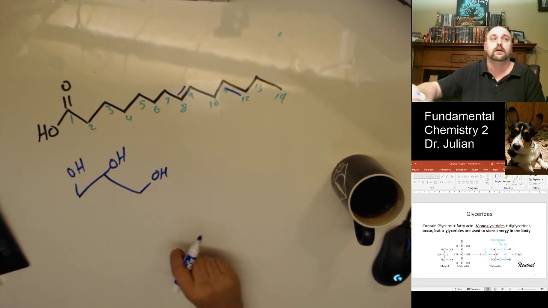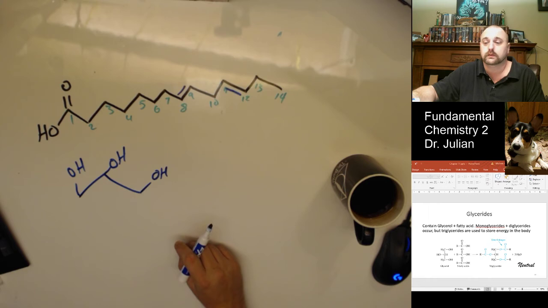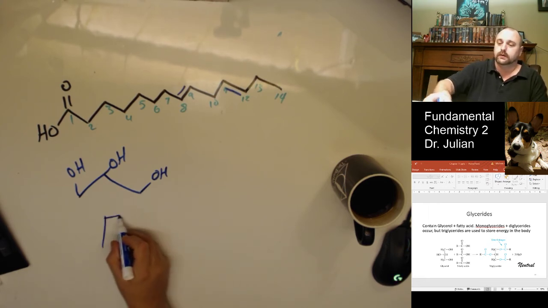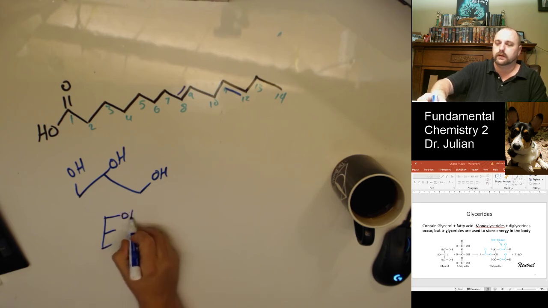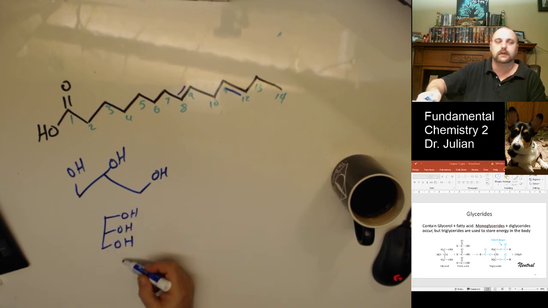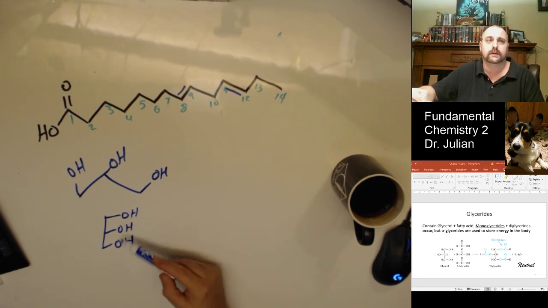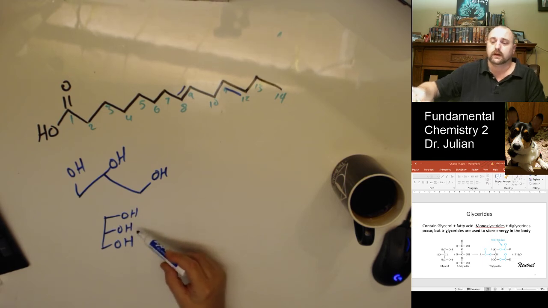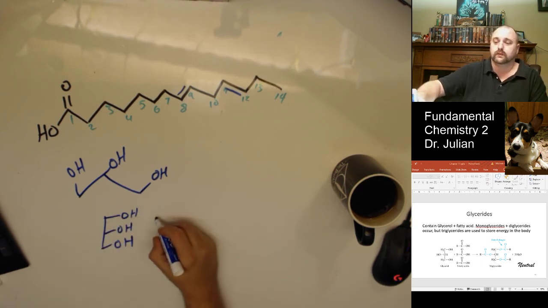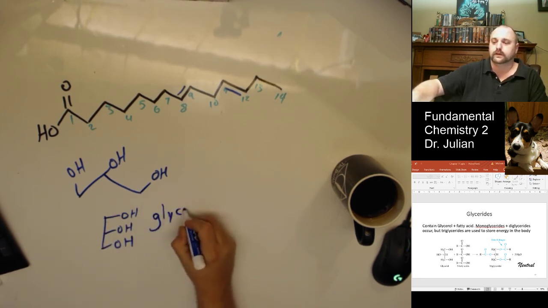It's got 3 alcohol groups on it, extremely water soluble. Typically, we'll see it drawn like this so that we get all these lined up. This is probably not how it really exists, but it makes everything easy to recognize. This is the structure you're looking for. So this is glycerol.